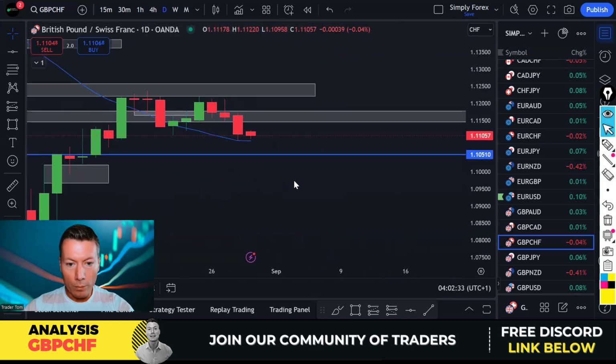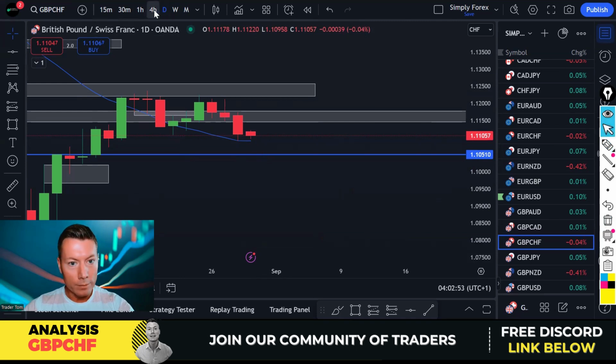Now, the important thing here is this low. On some brokers, this candle breaks this low. On other brokers, it doesn't. So we need to be wary of that. But I'm going to keep an eye on this because I think this has potential to the downside.